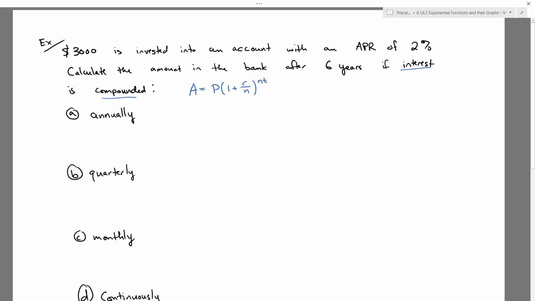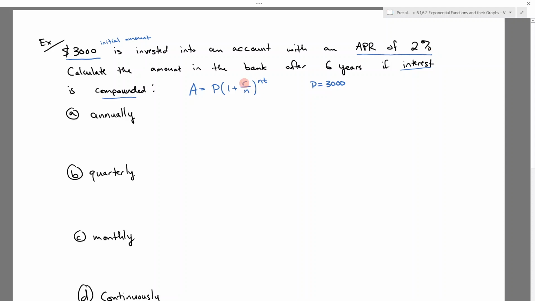Okay, so in each of these parts, we have to determine the parameters. Right, so what's given in the problem? The $3,000 is the initial amount. So that means what is the initial amount? That's P. So P is 3,000. So what else is given? The APR is 2%.